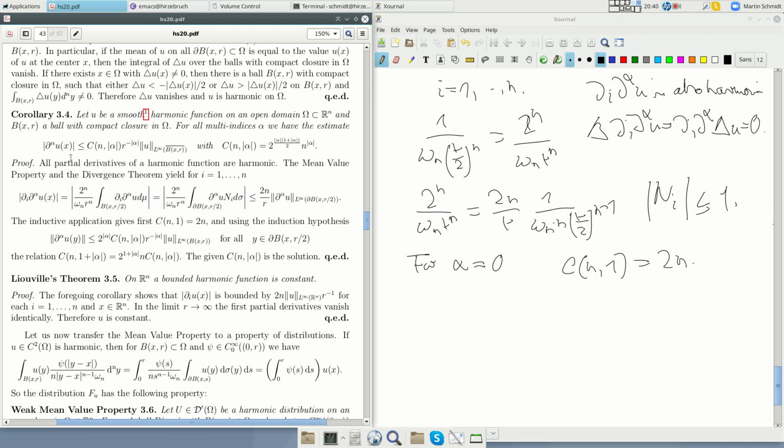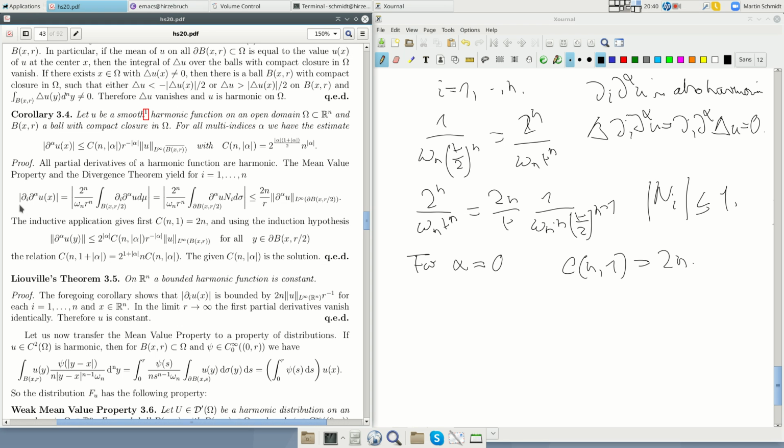We assume that this holds for alpha for some particular length, and then we want to prove it if the length is one larger.